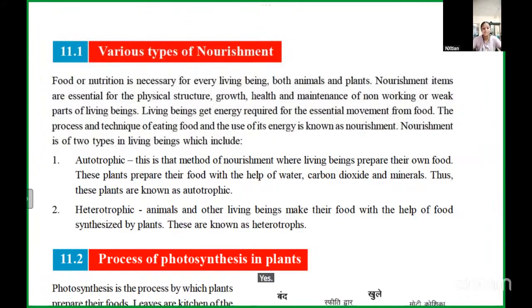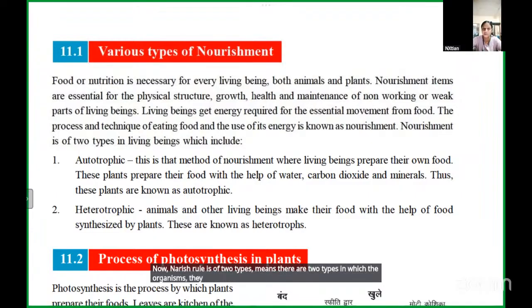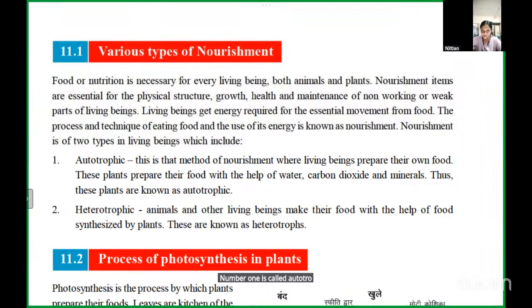Now, nourishment is of two types, means there are two types in which organisms obtain nutrition. Number one is called autotrophic mode of nutrition. Number two is called heterotrophic mode of nutrition.